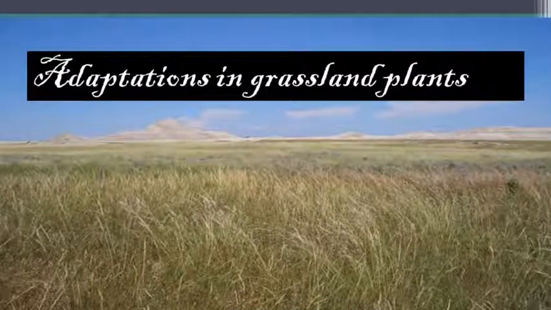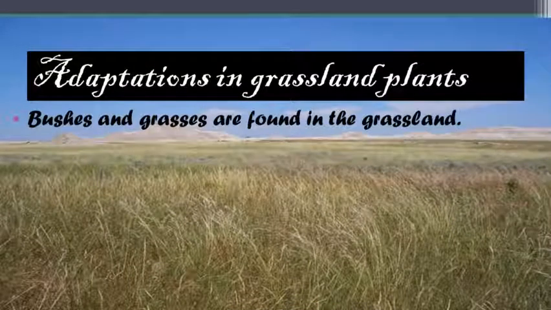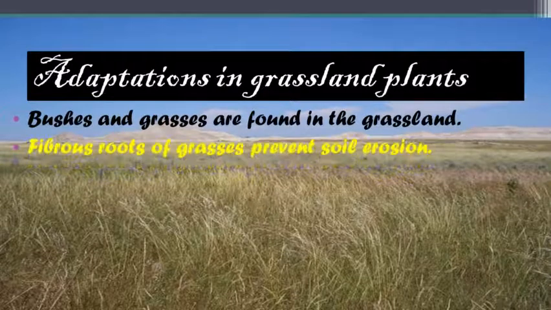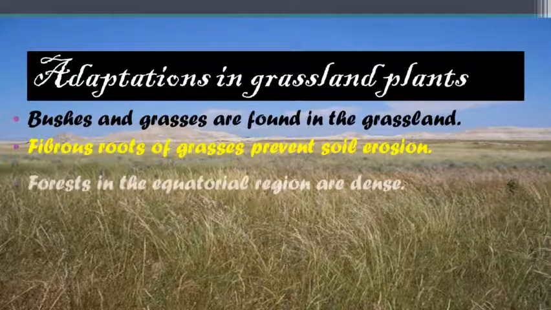Next is adaptation in grassland plants. Diverse types of bushes and grasses are found in the grassland, and the fibrous roots of grasses prevent soil erosion. That means soil cannot move from place to place.